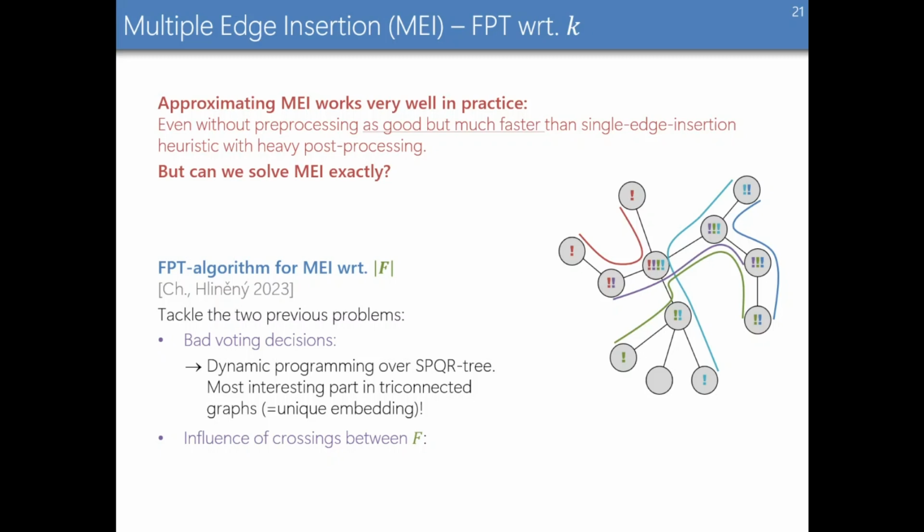So whenever I just have a graph with a fixed embedding, adding multiple edges in a fixed embedding is already a hard problem. And that is because it's weird to estimate the influence of crossings of the newly added edges with each other. Like, do two edges that I insert have to cross, or could they circumvent each other if they take different routes?